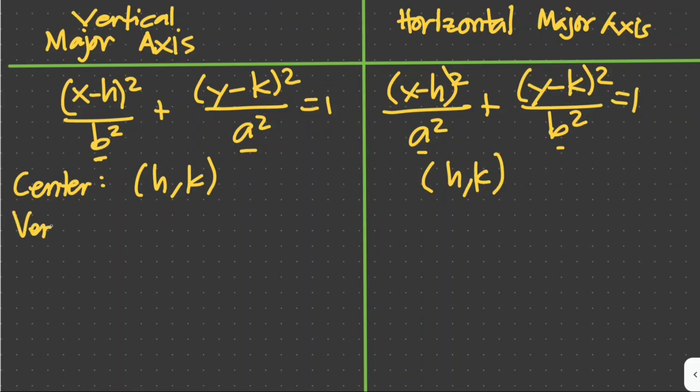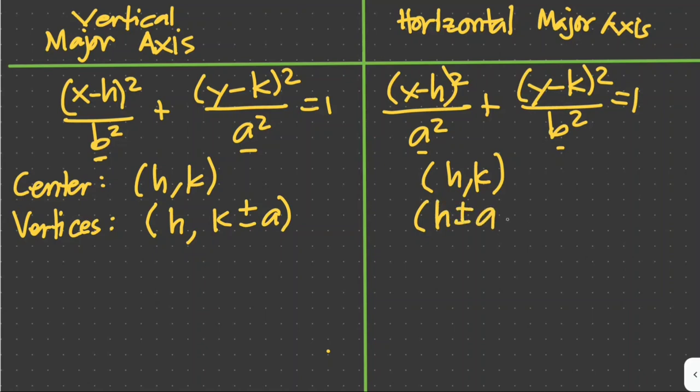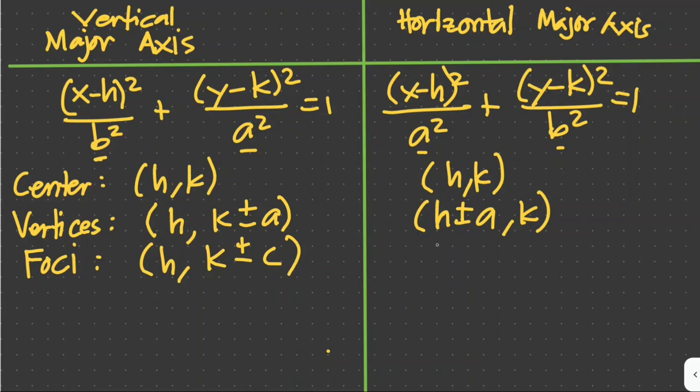Then for the vertices, for the vertical major axis, that is h, k plus minus a, and then here it's h plus minus a, k. And then for the foci, that is h, k plus minus c, and then here is h plus minus c, k.